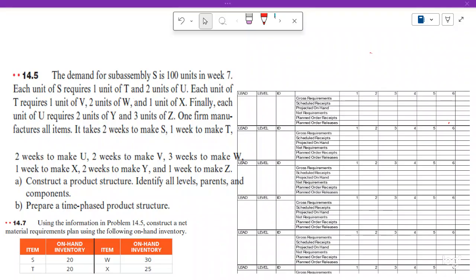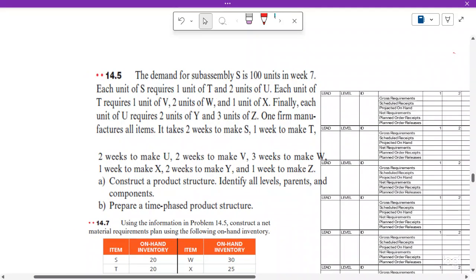So, 14.5 reads as follows. The demand for a sub-assembly S, the product that we are looking for, is 100 units.